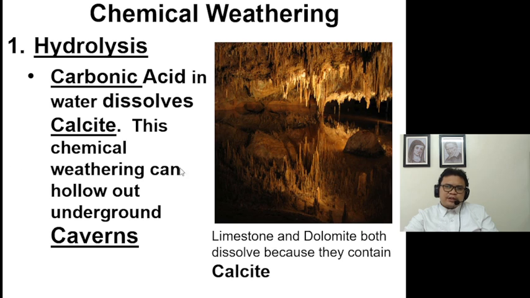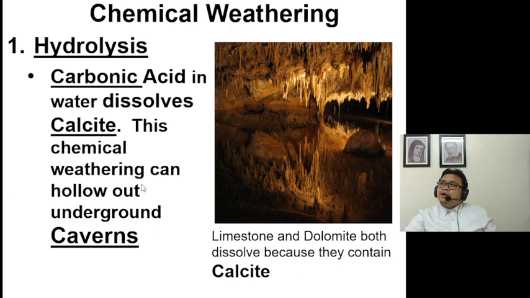So how is the carbonic acid formed in water? Well, one of the gases found in our atmosphere is carbon dioxide, right? When this carbon dioxide combines with water, it forms carbonic acid, which affects limestones and dissolves them.